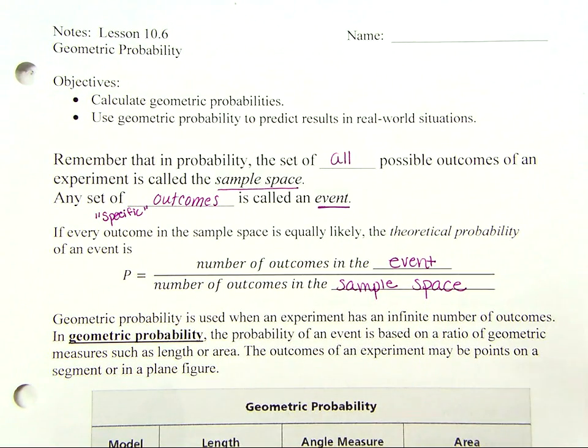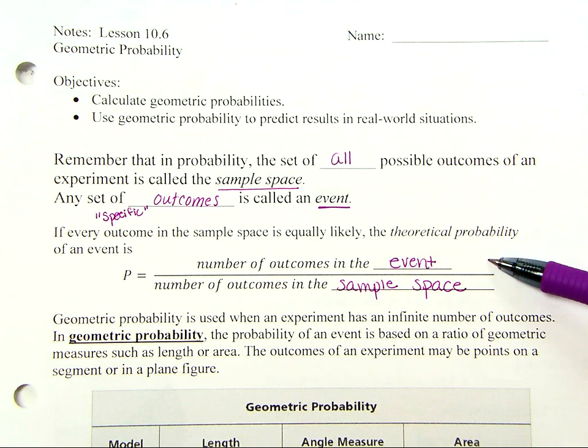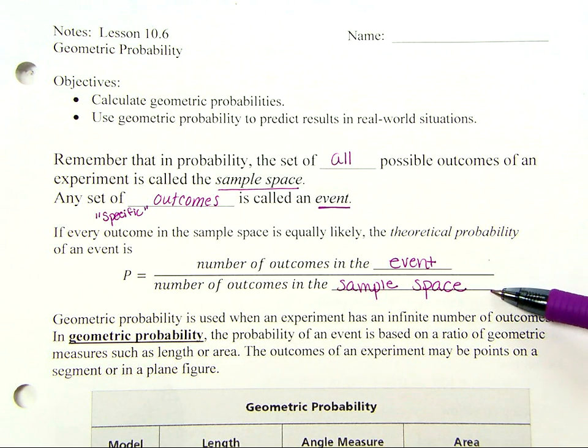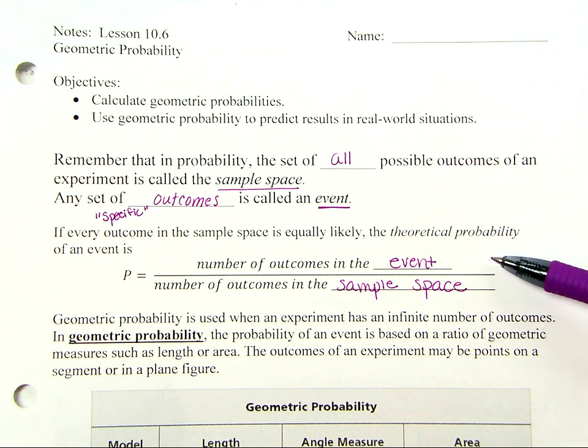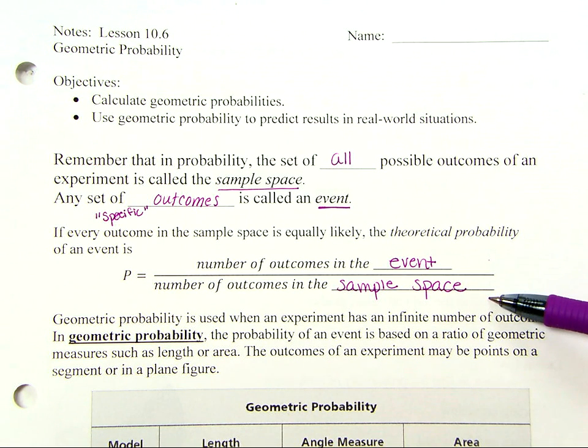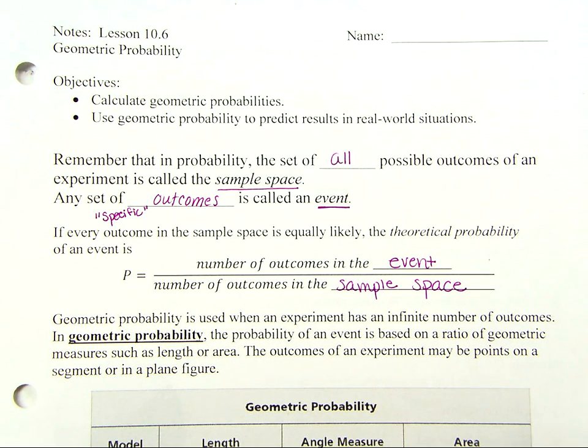So the number of outcomes in the event is basically the number of ways it can occur compared to the total possibilities. For example, if we're rolling a die and we want to know the probability of getting an even number, the number of ways it can occur at the top would be 3. The total number of outcomes, the sample space, would be 6, because there's 6 possible numbers that could come up, for a probability of 3/6 or 1/2.